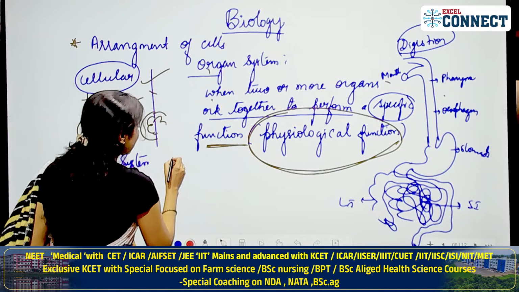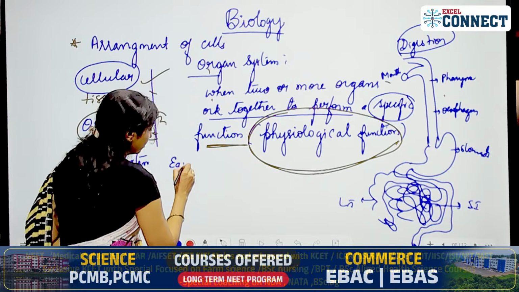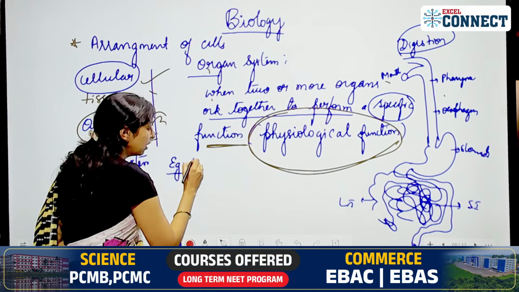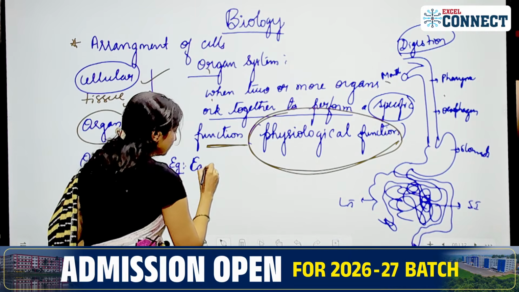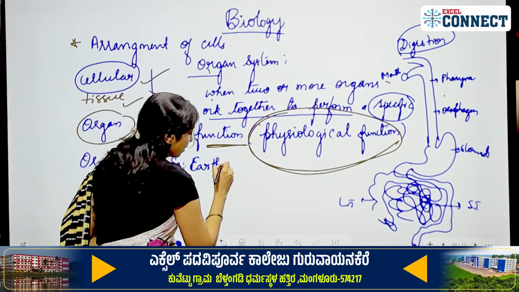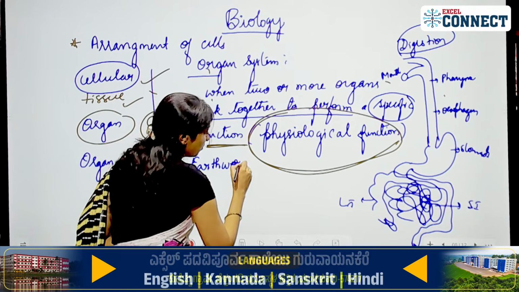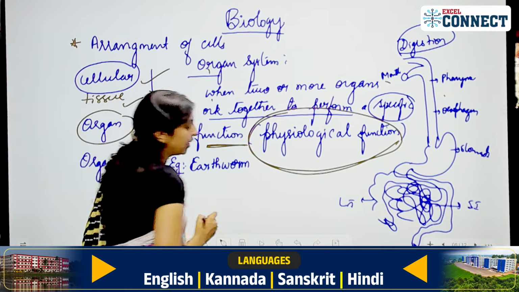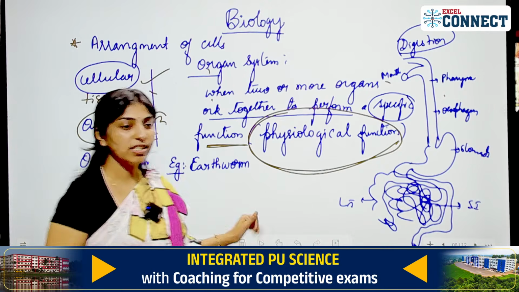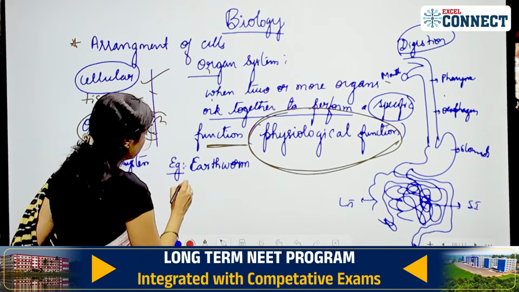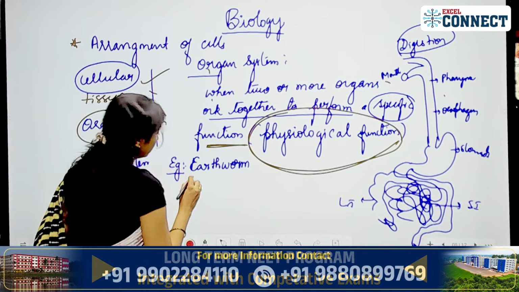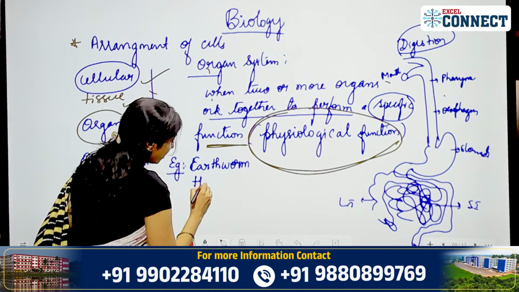Example for animals having an organ system: we have earthworm. I am giving a common example. The name of the phylum you will find difficult right now. So if I take earthworm, then human beings.